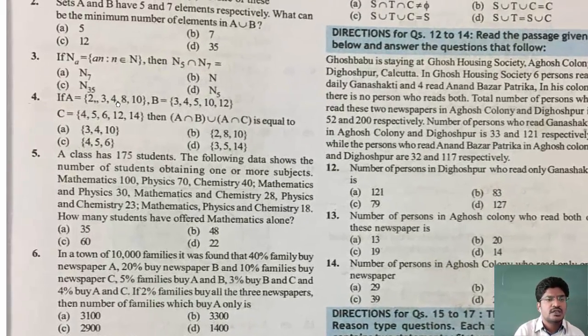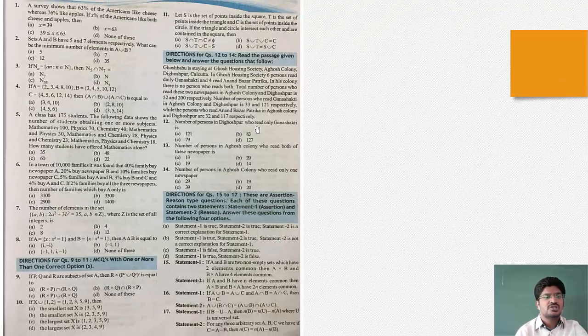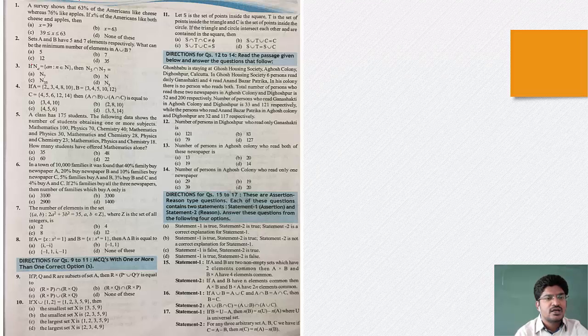Okay, students, now let us see the fourth question, that is, if A equal to set of 2, 3, 4, 8, 10, B equal to 3, 4, 5, 10, 12, C equal to 4, 5, 6, 12, 14, then A intersection B union A intersection C is equal to. So, very, very simple question, that is from your first year or 11th standard, no problem. Let us calculate this.